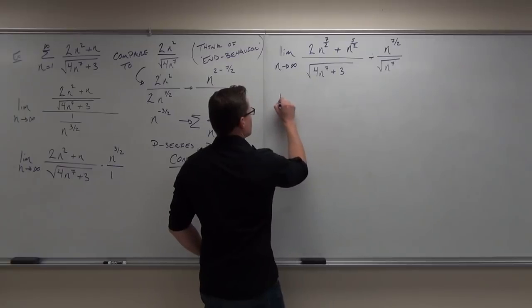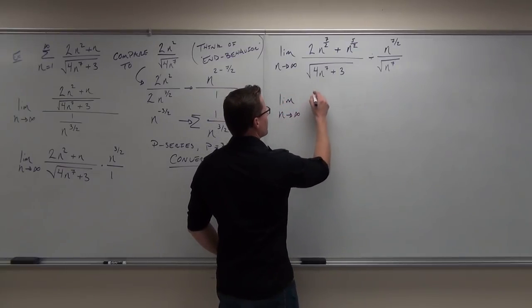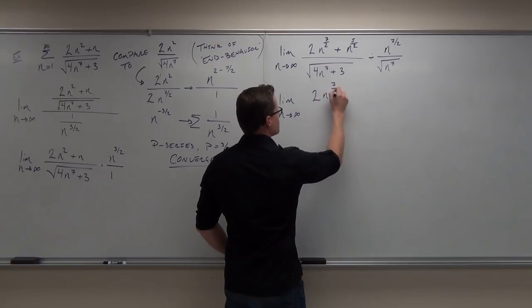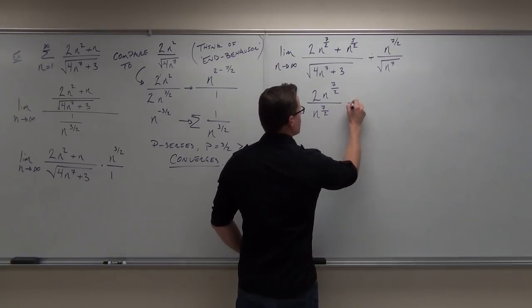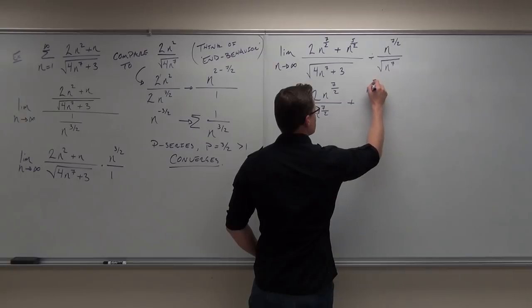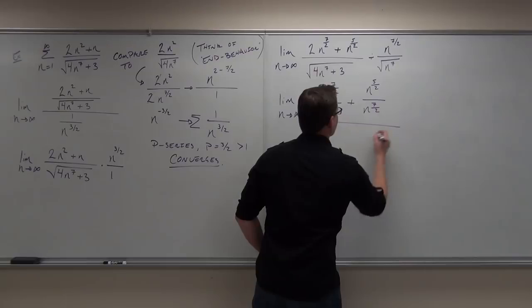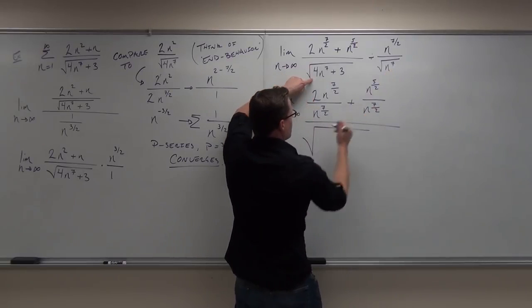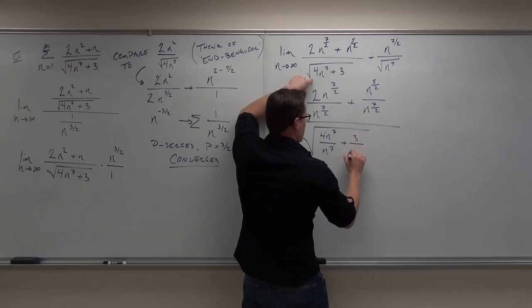So if we divide this, we're going to have the limit as n approaches infinity of 2n to the 7 halves over n to the 7 halves, plus n to the 5 halves over n to the 7 halves, all over a big square root: 4n to the 7th over n to the 7th plus 3 over n to the 7th.